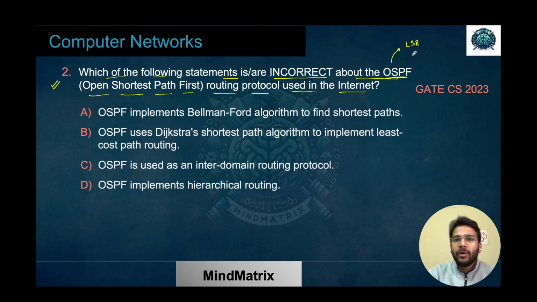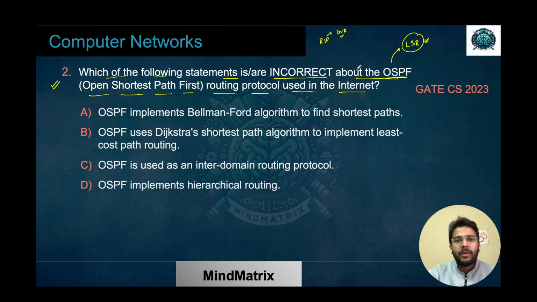We have two algorithms, one is DVR, a distance vector routing protocol, and the other is LSR, link state routing algorithm. OSPF is the implementation of LSR, and RIP is the implementation of DVR. So this question is based on OSPF.